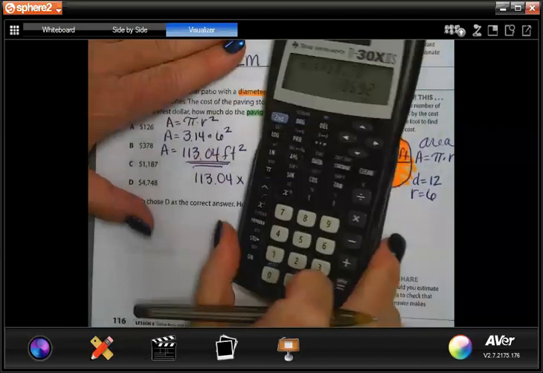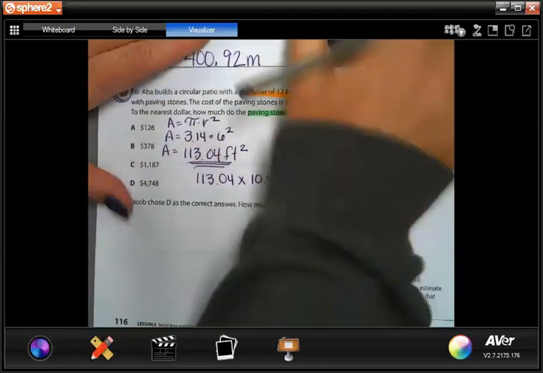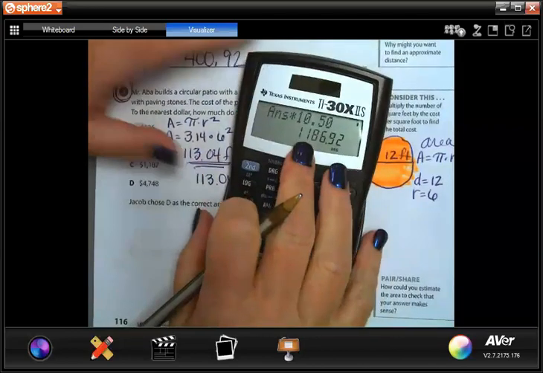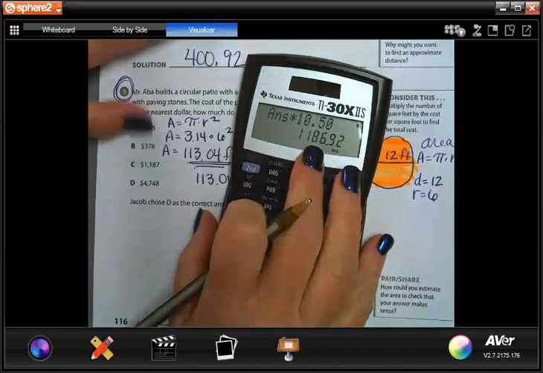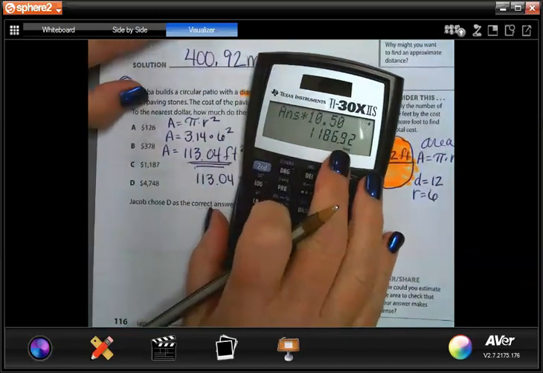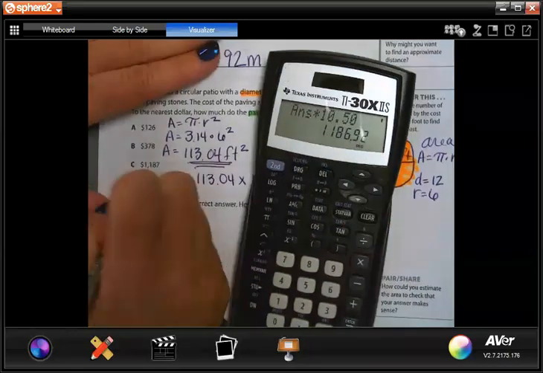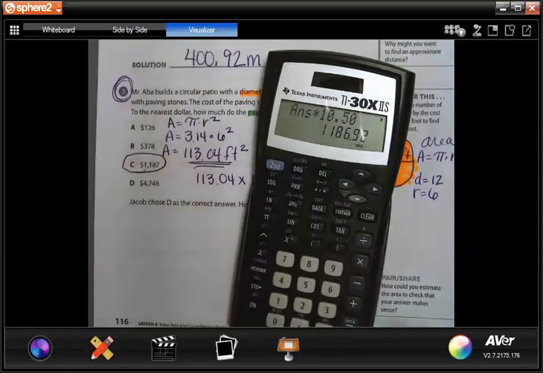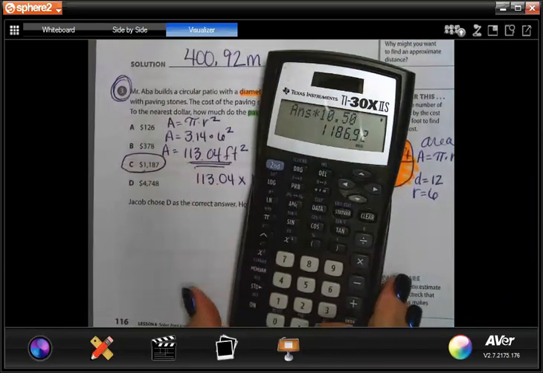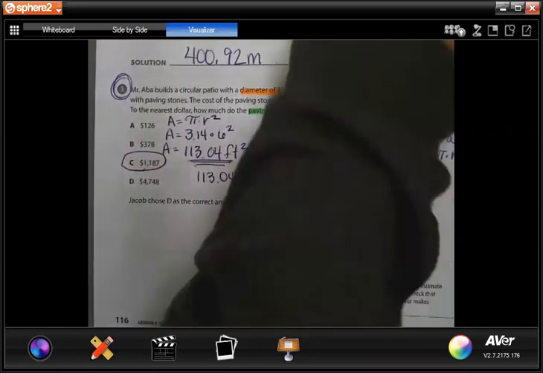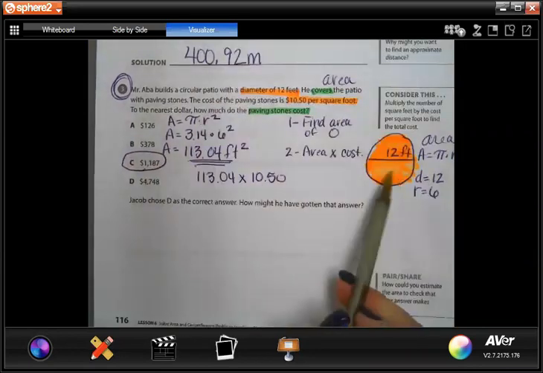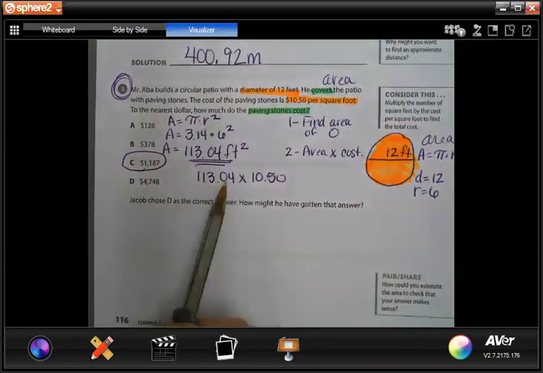And this comes out to be $1,186.92. If I rounded that to the nearest dollar, it would be C, $1,187. Okay, so again, I found the area of the circle, then took the area of the circle and multiplied it by how much it costs per square foot.